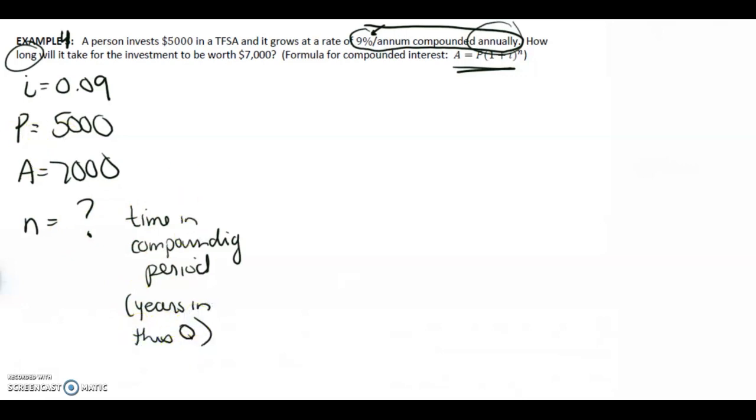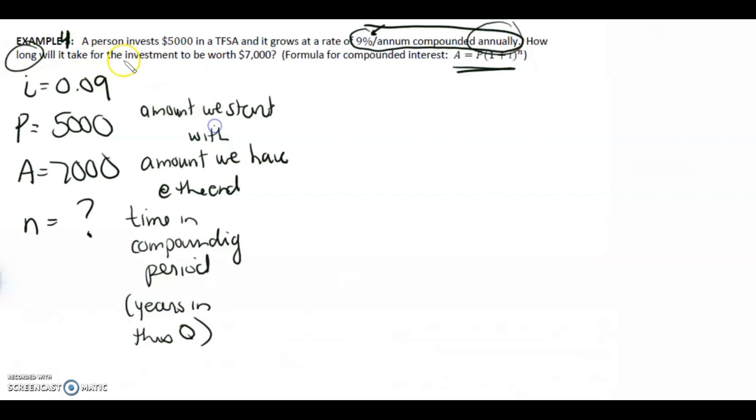Amount is the amount that we have at the end. Principal is the initial amount, the amount we start with. And 0.09 is the interest rate as a decimal.